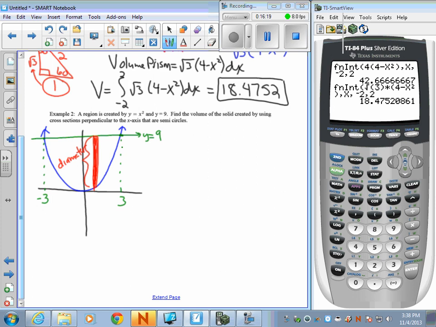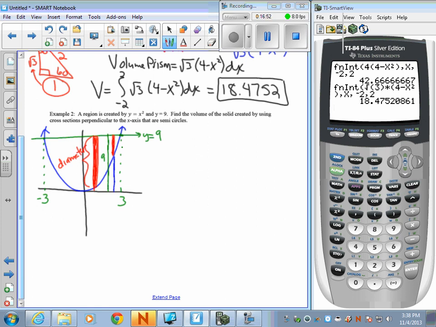So what I need to do is figure out, well, how big is that diameter? And the diameter is the part inside the parabola. So the part that's inside the parabola is going to be the top, or the green, minus the bottom, or the blue. So if I took 9, which would be from the x-axis all the way up, that's 9, I would want to subtract out from the x-axis up to the blue curve.